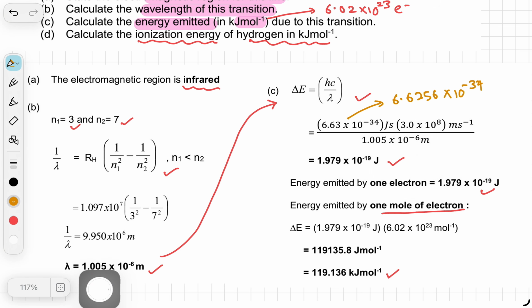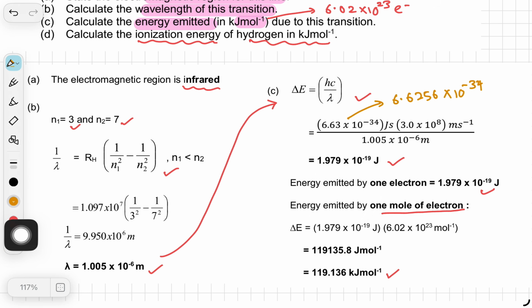And as you can see here, lambda is also given to almost 4 decimal places. 3 decimal places is fine, so that your energy value will be a more accurate number. If you were to round it off early, you might get a difference here. So make sure you use this value again to improve the significant figures and get the final answer.